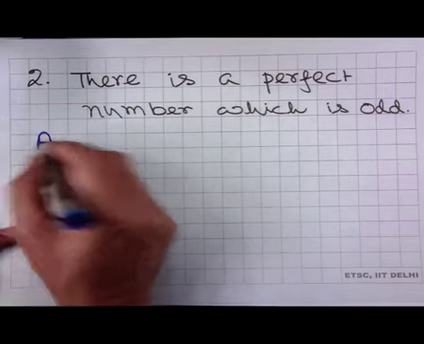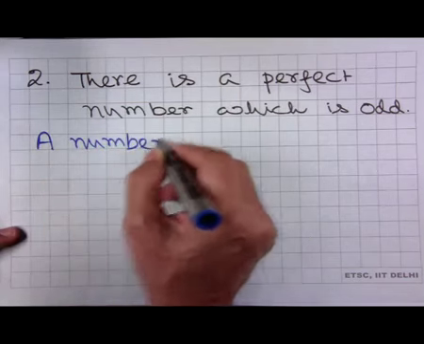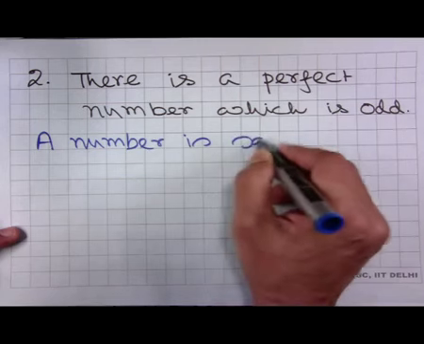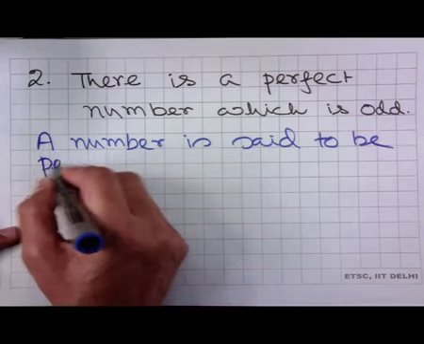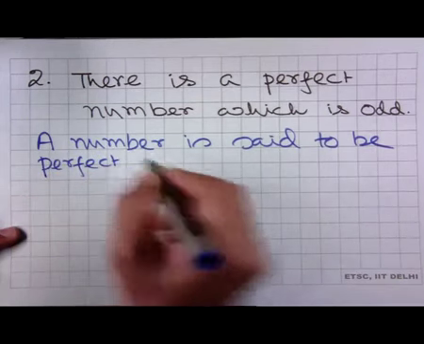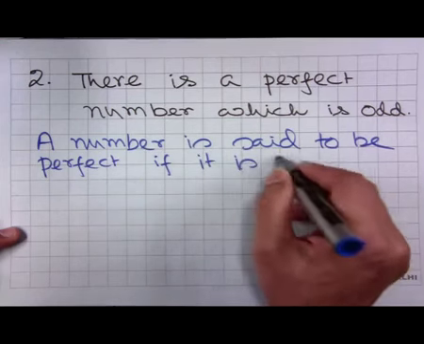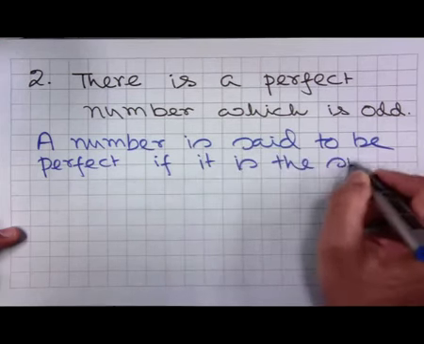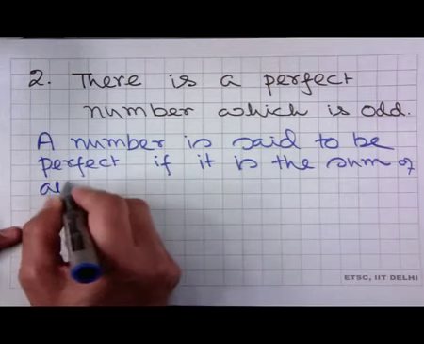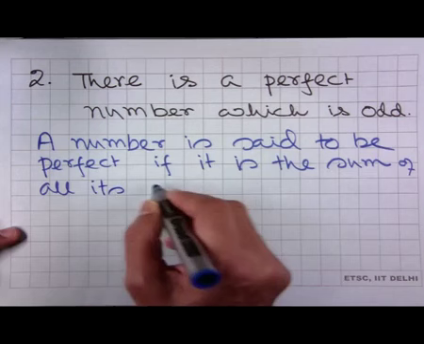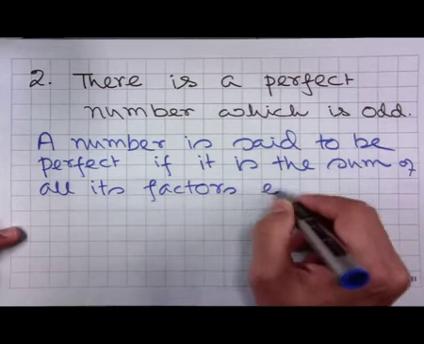A number is said to be perfect if it is the sum of all its factors excepting itself.